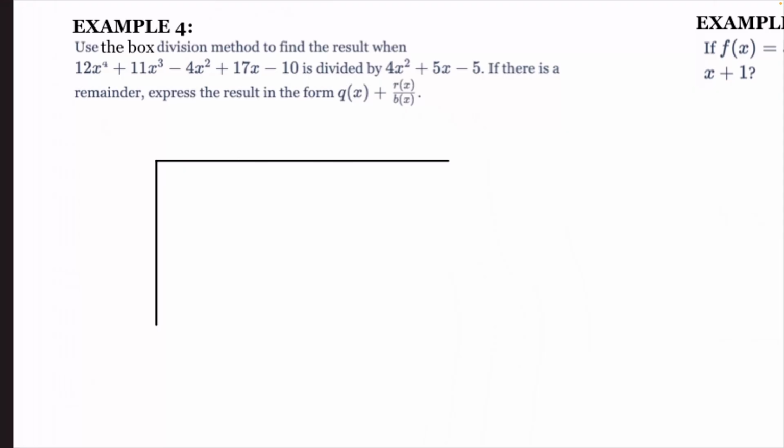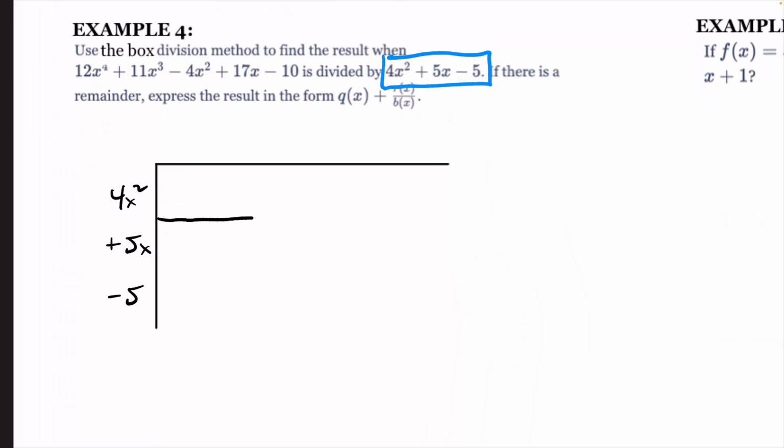So the divisor is over here, 4x squared plus 5x minus 5. So it's got 3 terms, so I got to divide it into 3 sections.